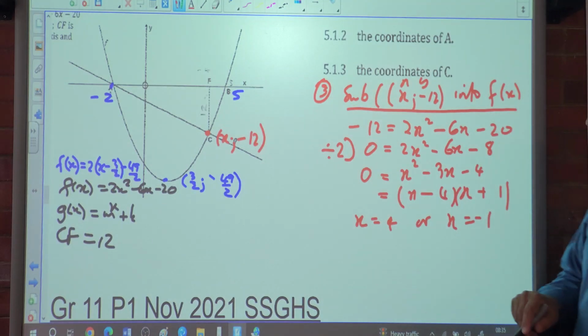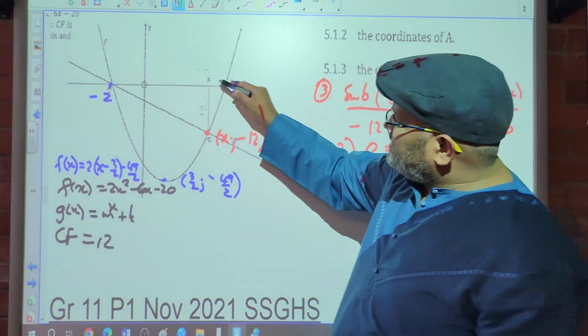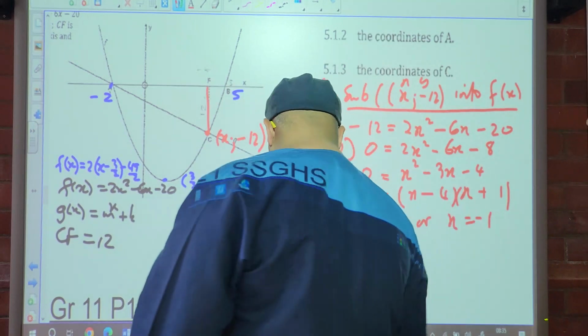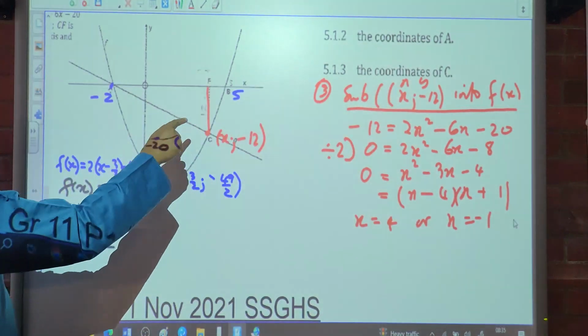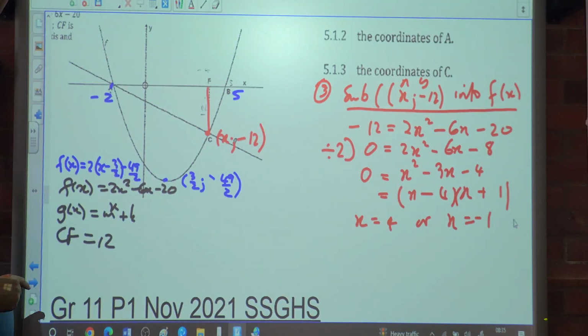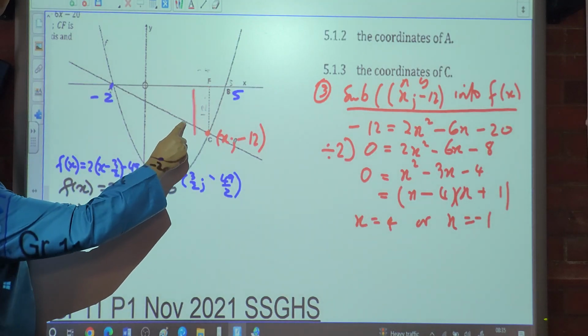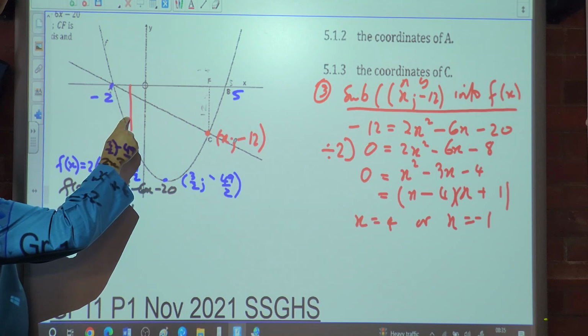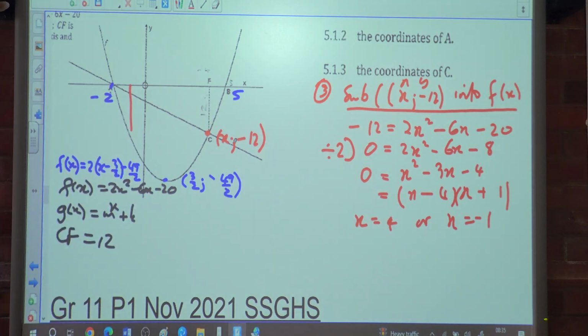Why are there two solutions? Because somewhere along this curve, the distance of 12 is evident somewhere outside as well. And as you can see, it's going to be at negative 1. And as you can see, it makes sense.